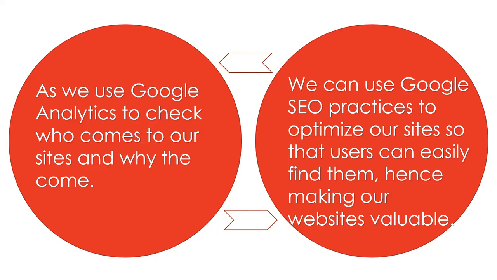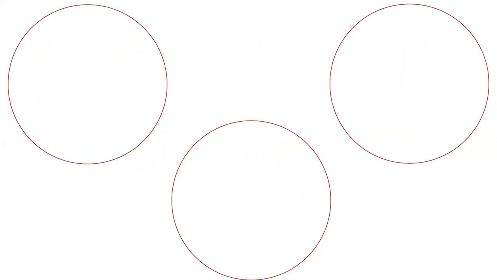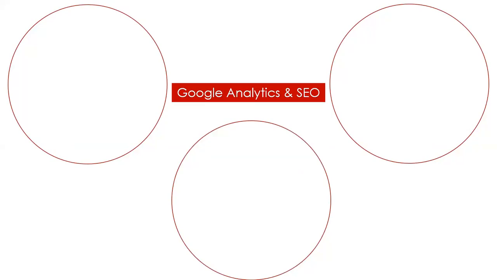Once they're able to find our websites so easily on Google, because our sites are attractive, the valuableness of our websites becomes so visible. So, in a nutshell, if we're able to make use of these tools, the Google Analytics tools and the SEO, there are important key points I want to point out.